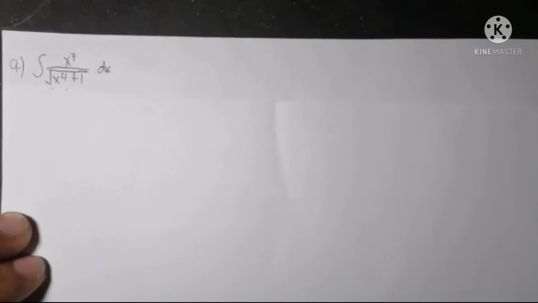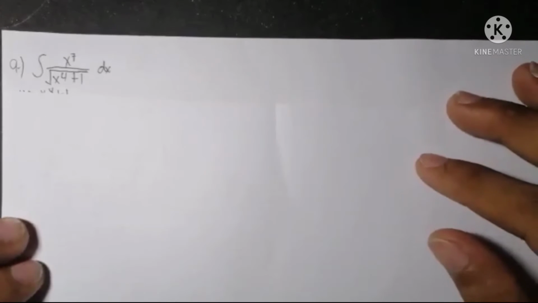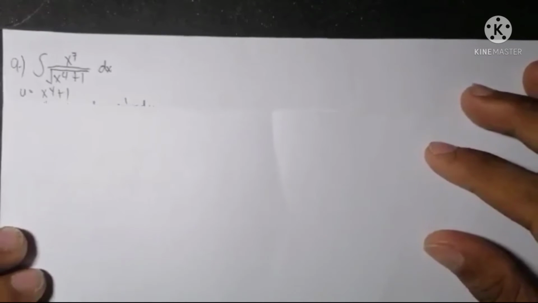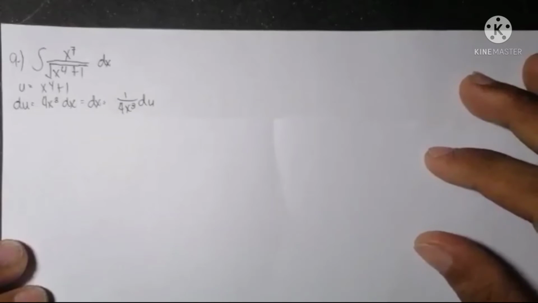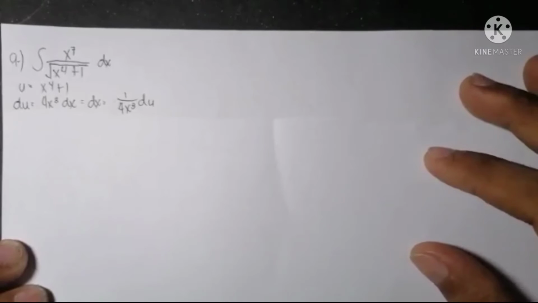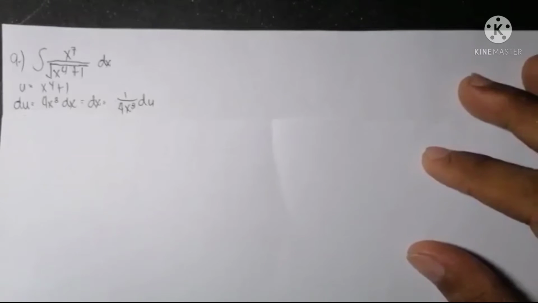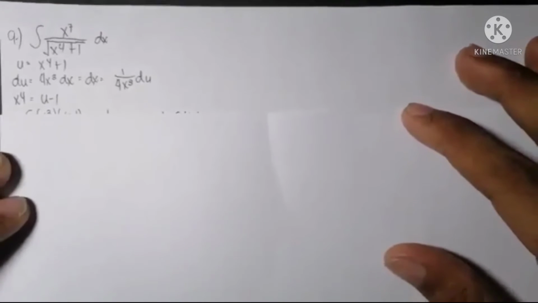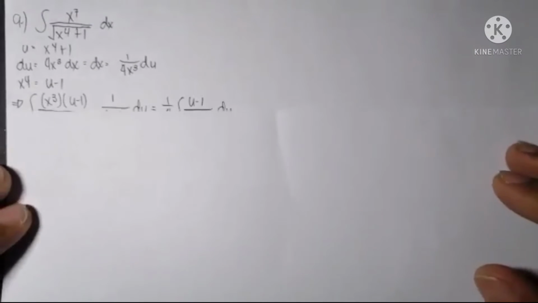Item number 9, the integral of x raised to 7 all over the square root of x raised to 4 plus 1 dx. So we will use u substitution here, wherein our u is x raised to 4 plus 1. So our du is equal to 4x cubed dx, so dx is equal to 1 all over 4x cubed du. x raised to 4 is equal to u minus 1.